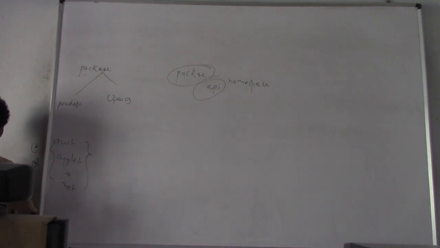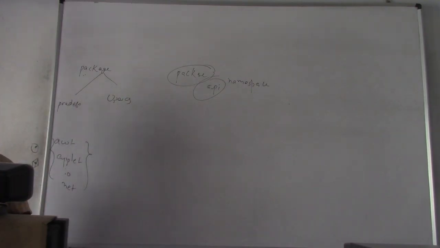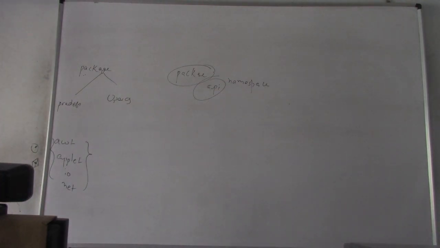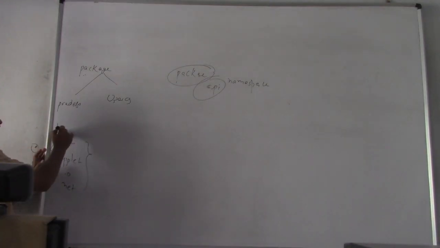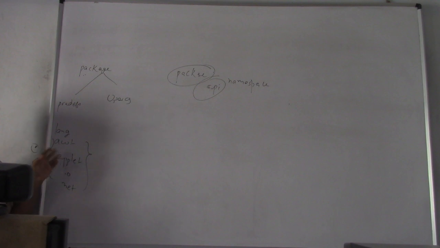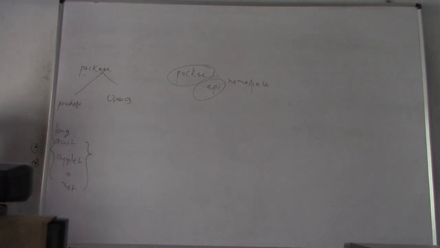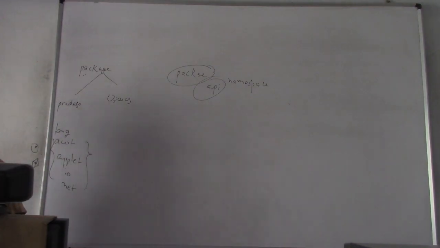Fundamentally, the default package is the language package, which covers all mathematical operations. AWT is a chapter where you can understand abstract window based applications.